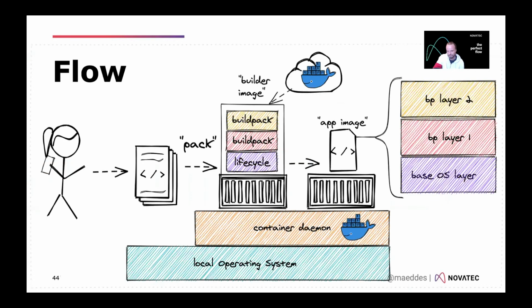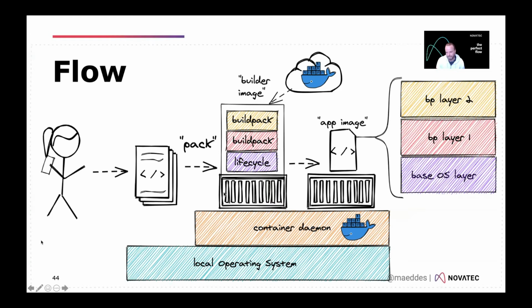Now, how those build packs work in general is, in this case, you really need a Docker daemon because you run a so-called CLI command called pack that will download the builder image. This is basically your implementation of the specification. So Paketo will download another builder image than, for example, a Google implementation.